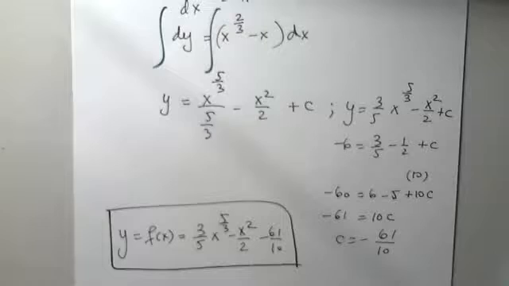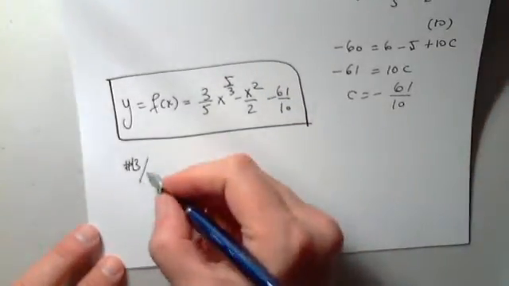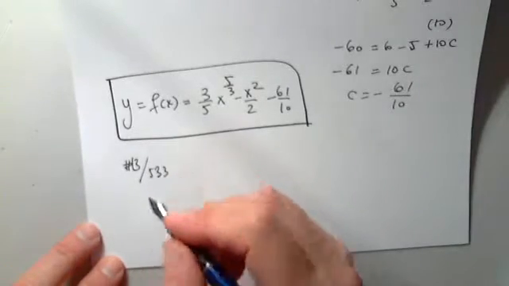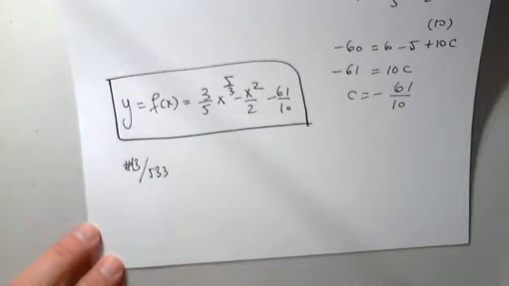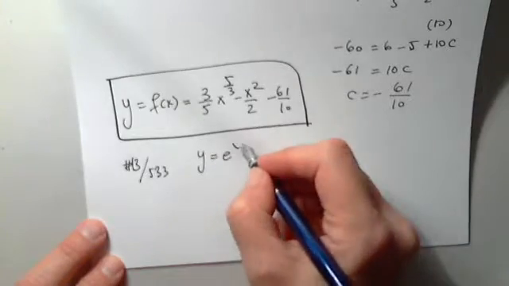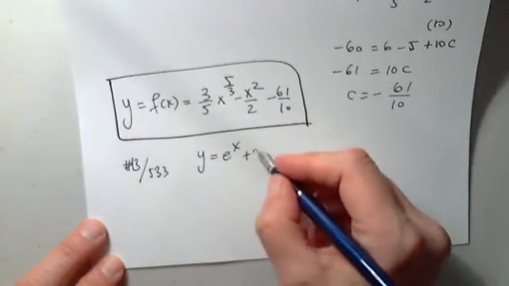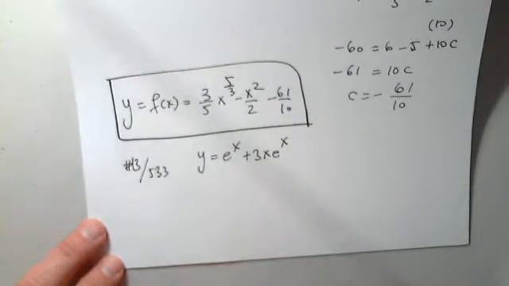Let's move on now to problem 13 on the same page, which is page 533. We are given a function, which is y equals e to the x plus 3x e to the x.